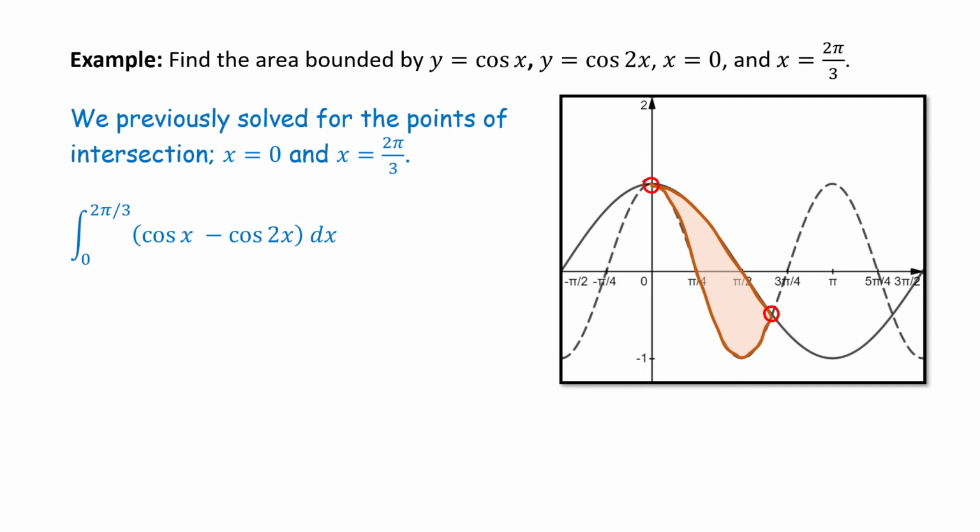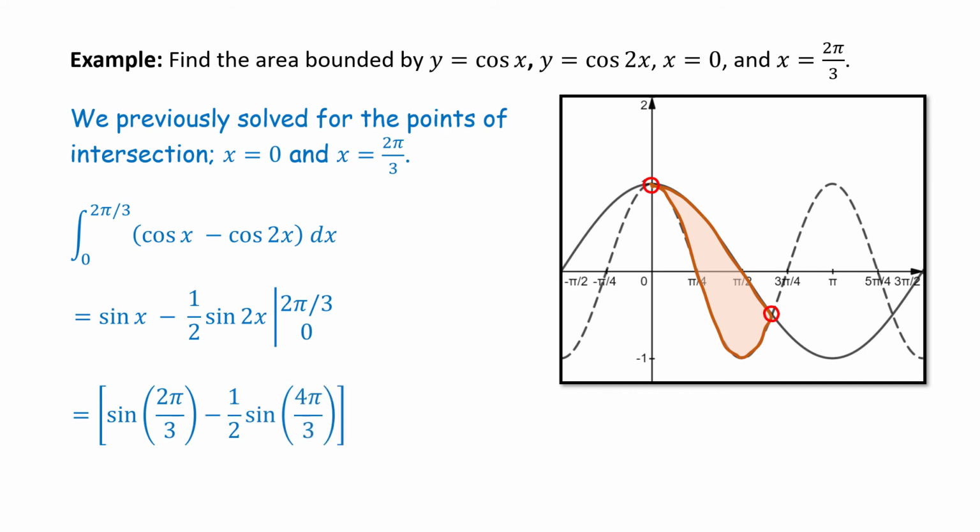Let's find the integrals. The integral of cosine is sine, and we'll do minus the integral of cosine 2x, which is sine 2x times 1/2, and we evaluate that from 0 to 2 pi over 3. That means we put 2 pi over 3 every place there's an x.